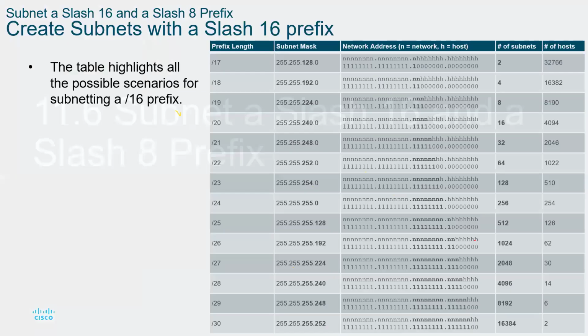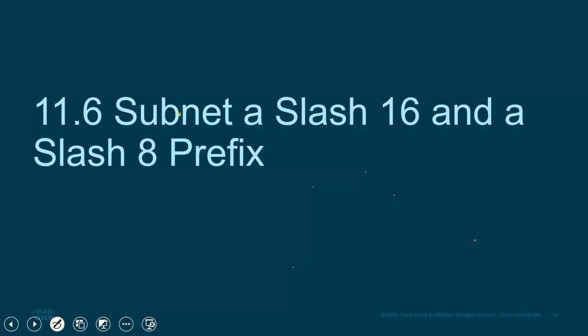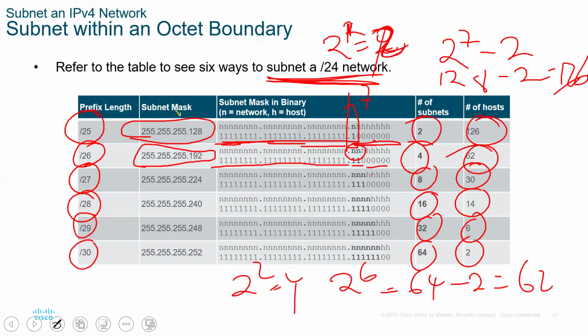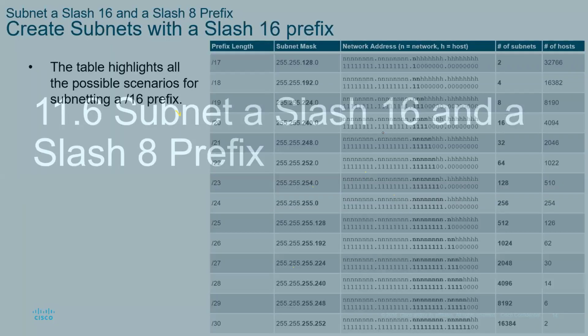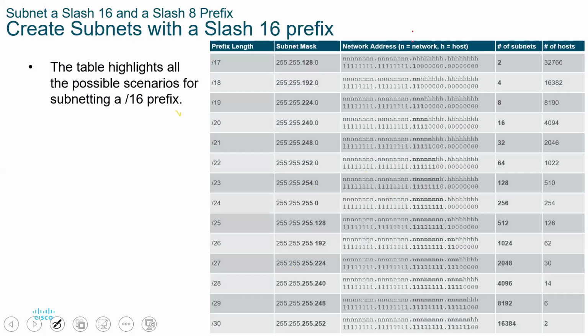Now, if we are doing subnetting for slash 16, all right, slash 16 is going to be in the 3rd octet. Okay, we have done for slash 24. Where is slash 24? This is slash 24. So slash 24 means the first 24 bits are already on, and so we worked on the remaining. For slash 16, it means the first 16 bits are already on.